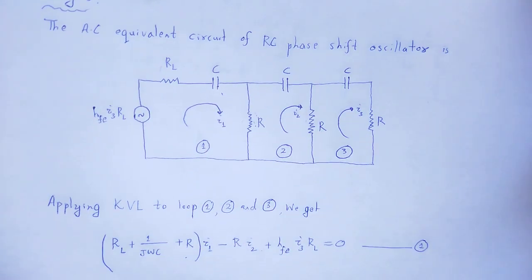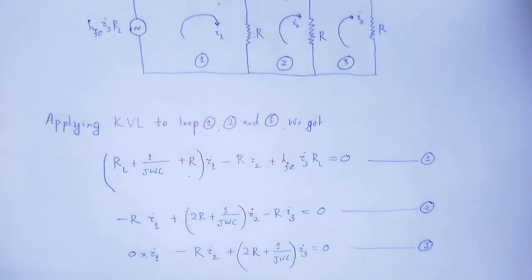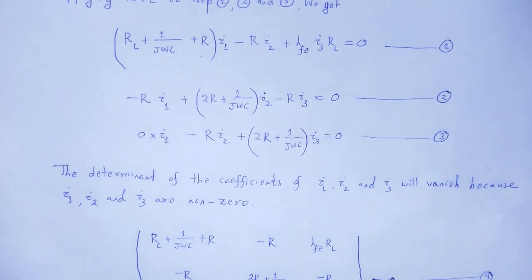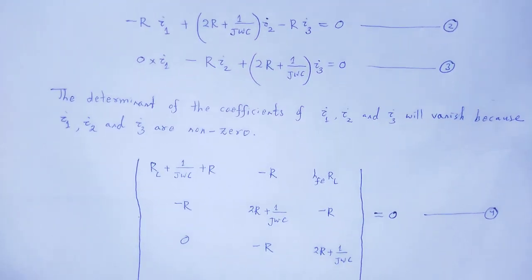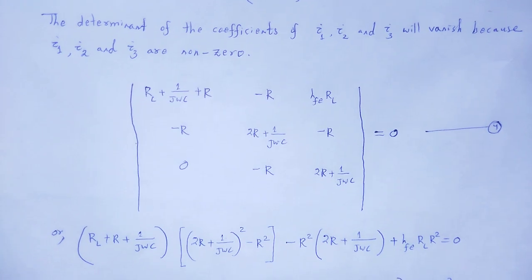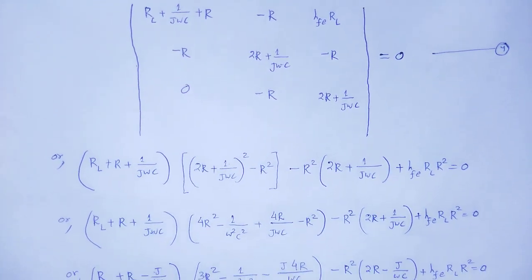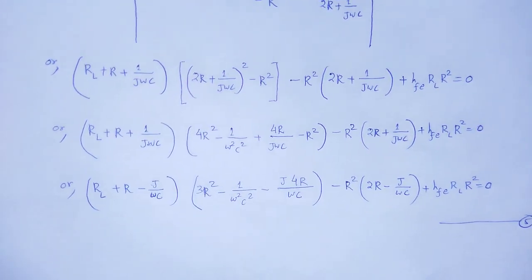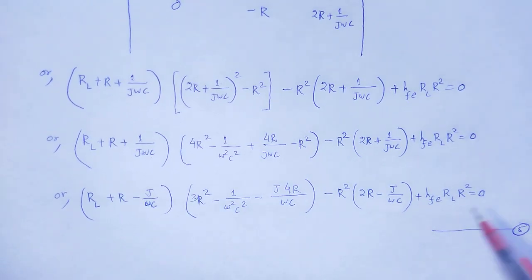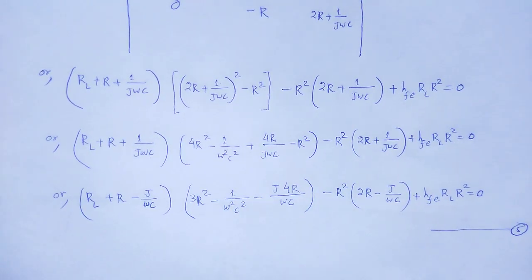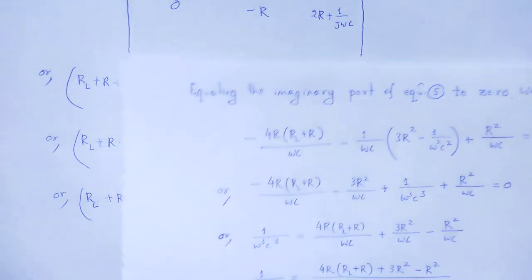That one is the circuit, and in each loop we use KVL. We have 3 equations. By taking those 3 equations, the determinant is equal to 0. Solving that determinant, from equation number 5, we equate the imaginary parts.